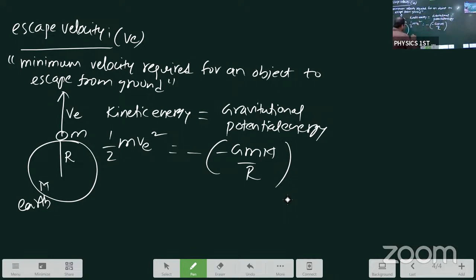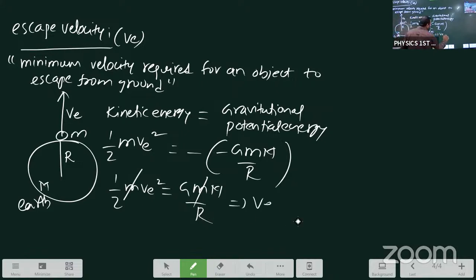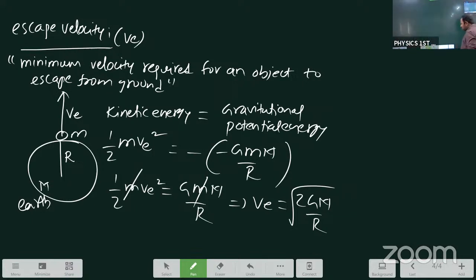Minus of minus is plus. You write half m v square equals to GMm by r. m cancels. VE square equals to 2GM by r, so VE equals under root of 2GM by r. This one is escape velocity, student. After that, same like the previous model, small g equals GM by r square.